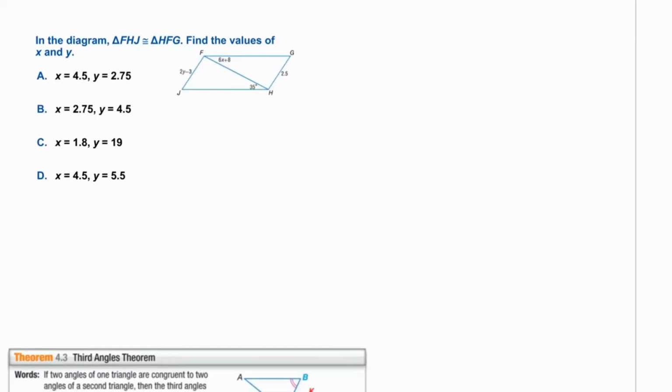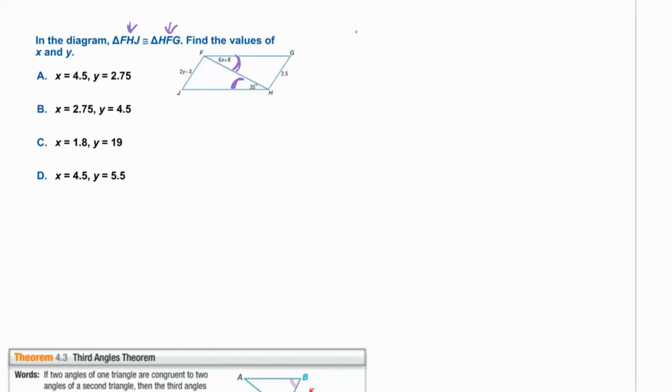In this next problem, they give us that triangle FHJ is congruent to triangle HFG, and they want us to find the values of x and y. So I know that angle F is congruent to angle H in this second triangle.